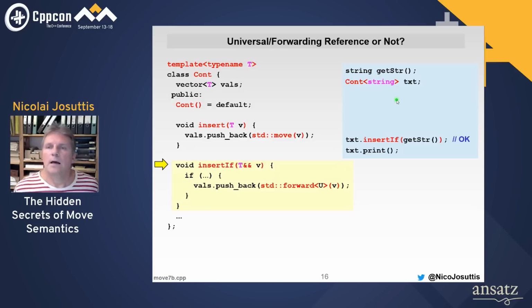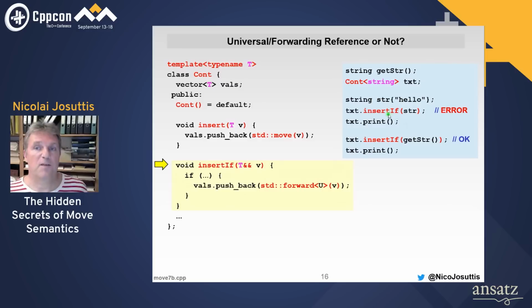So this is what we have here. It works fine for a temporary object. So if we pass here a temporary object, it works fine. But if we try to insert an object that's not marked with move, so an object with a name, what we call an L value, this will not compile. What is the problem?